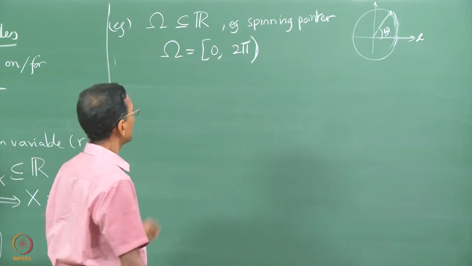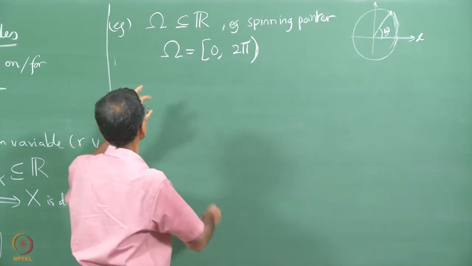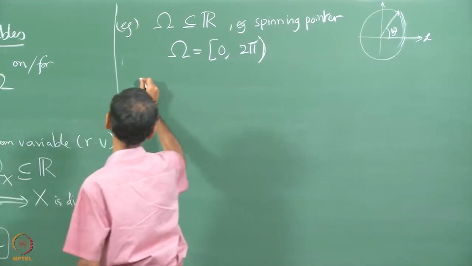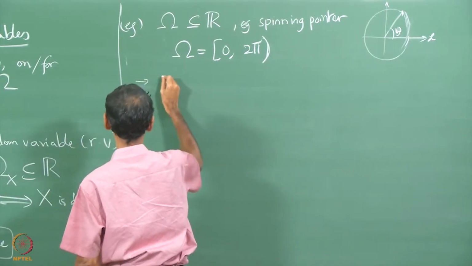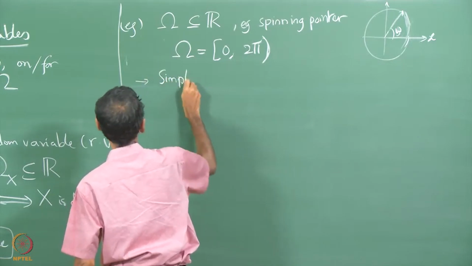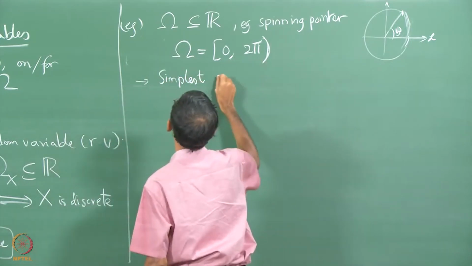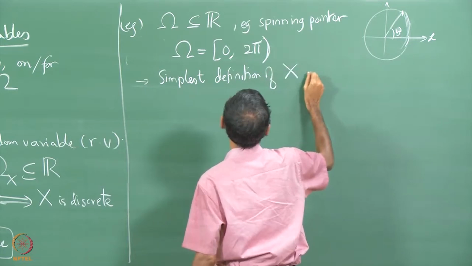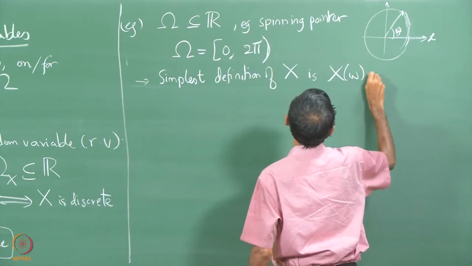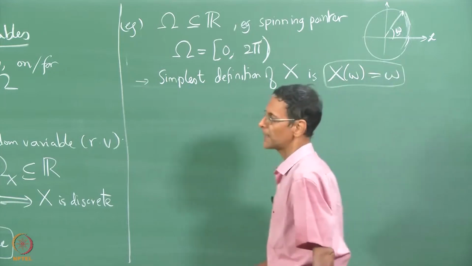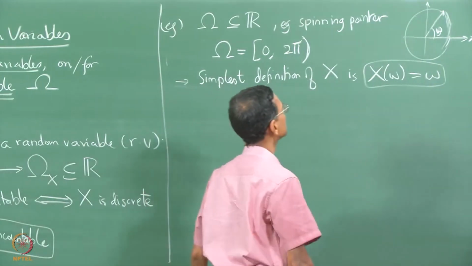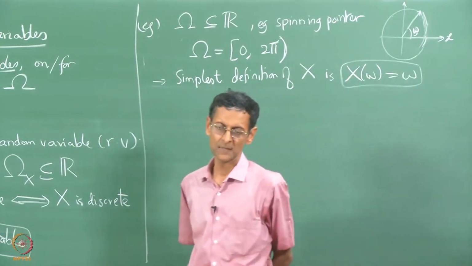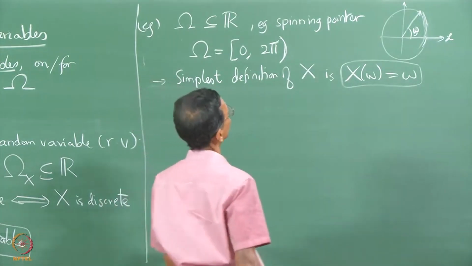Okay. So for this spinning pointer, we have defined the omega, but we have not defined the random variable x. So now the simplest definition of random variable x in such situations is to take x to be the output of the experiment itself. This is a very useful, important identity mapping, which essentially says that the angle at which the pointer comes to rest is the value taken by the random variable directly.